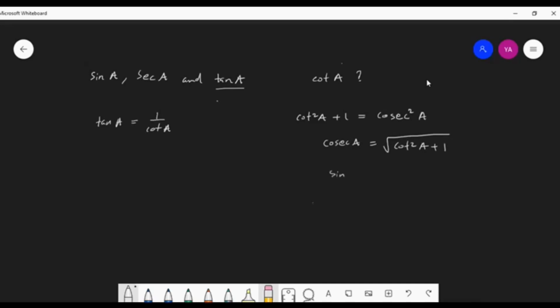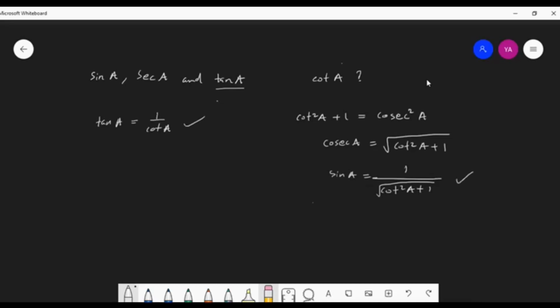We don't have to write cosec A here, but we brought it here to reach sin A. So sin A will be equal to 1 by square root of cot square A plus 1. Okay, so we wrote tan A, and sin A we wrote in terms of cot A.